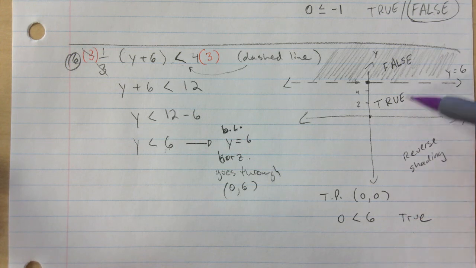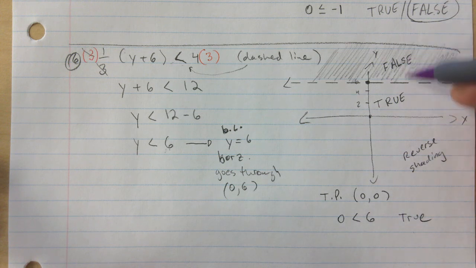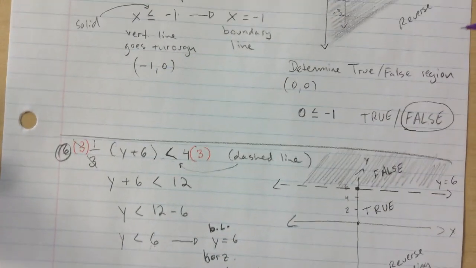If you tell me which one the true and the false region is, I really don't care if you did regular shading or reverse shading, because this is what I worry most about, not the shading itself. But you're going to see that false shading is a lot better down the road when you have multiple lines going every which way. So we also did reverse up here, right, on the previous example. If you want to make a note of that.